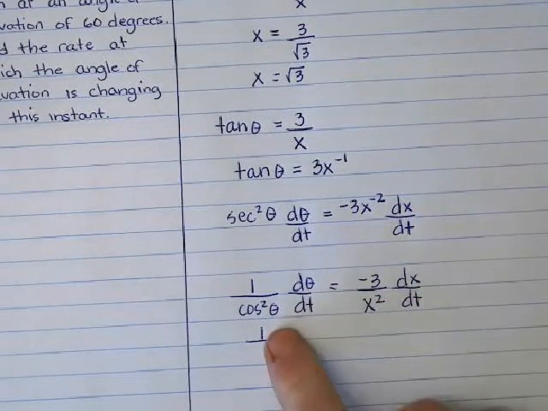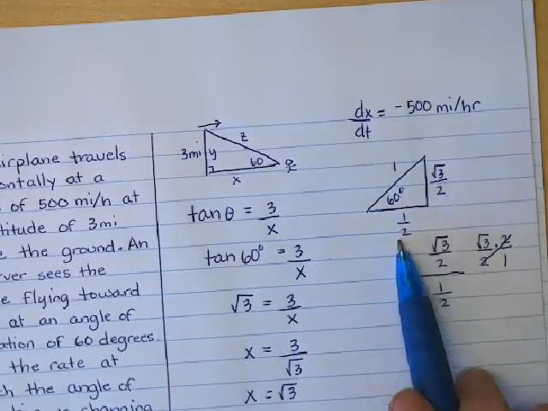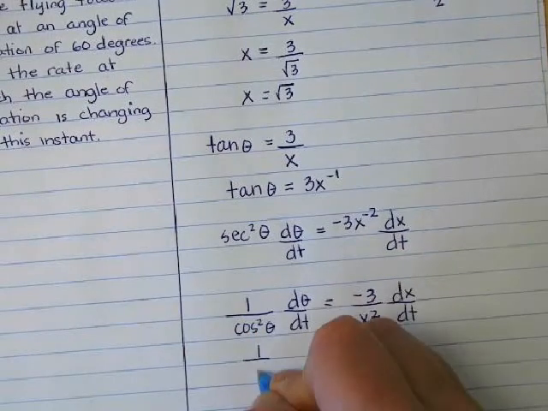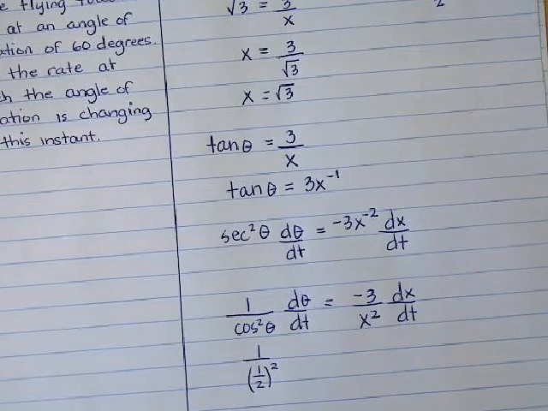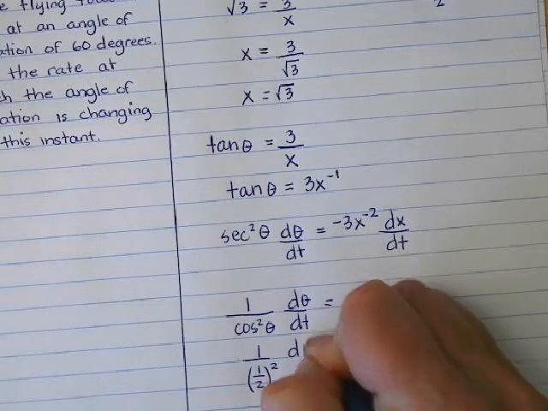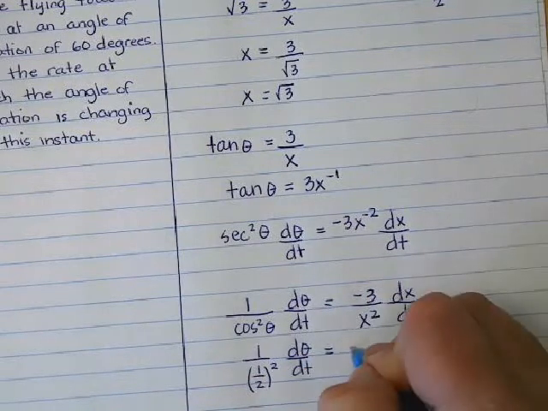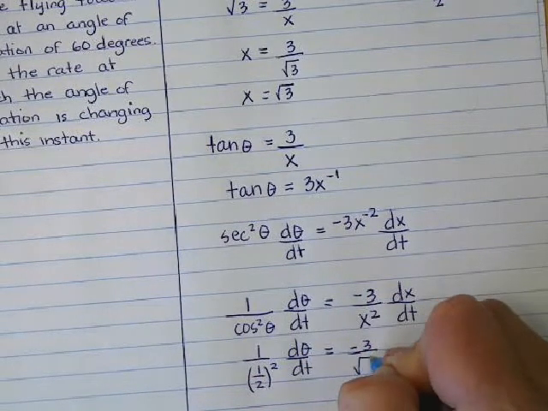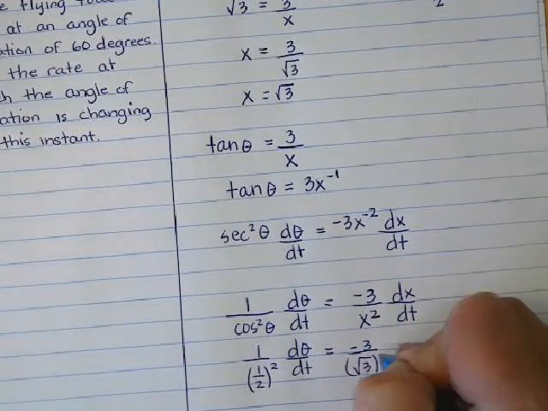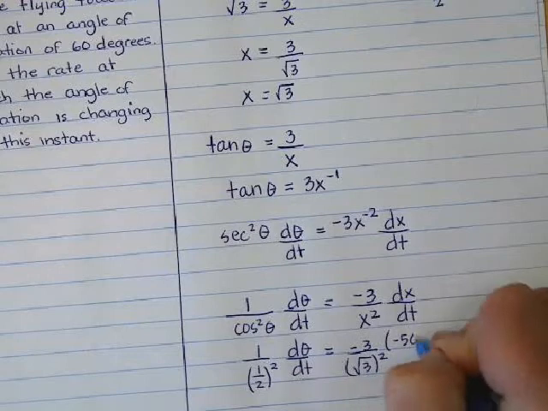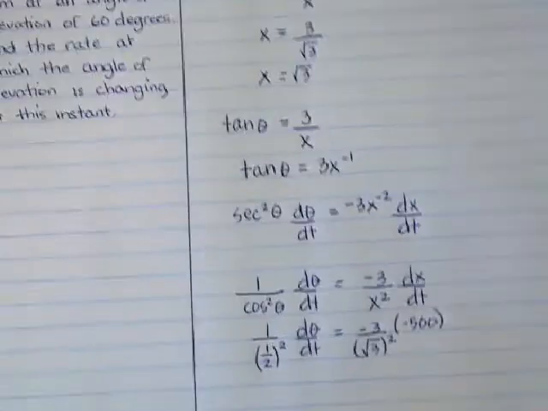It looks like I'm set, but I just need to put in all of my pieces. The cosine of theta, remember, theta is 60 degrees. Cosine is adjacent over hypotenuse, so the cosine is 1/2. D theta dt, we don't know that. That's what we're looking for. We know that x is the square root of 3, and that dx dt is negative 500.